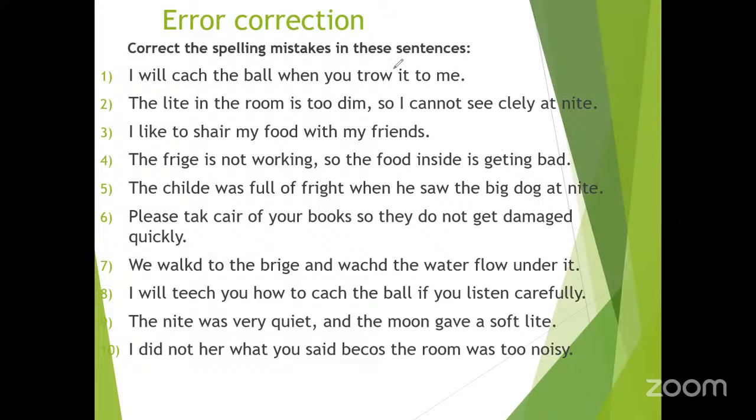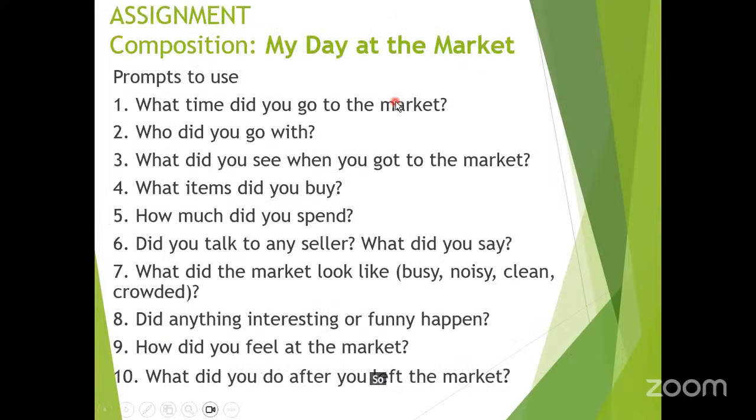Okay, our assignment. Please, you can mute yourself, Mr. Franklin. We are writing a composition, and the title is My Day at the Market.